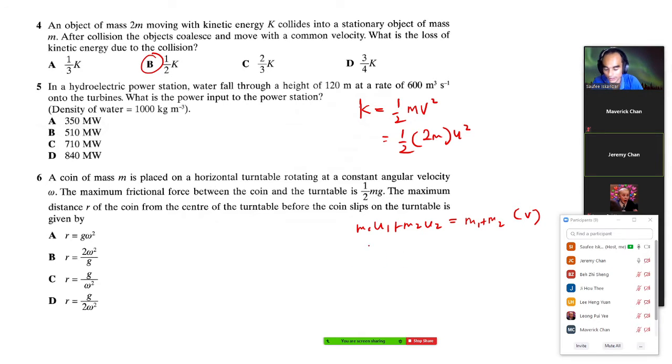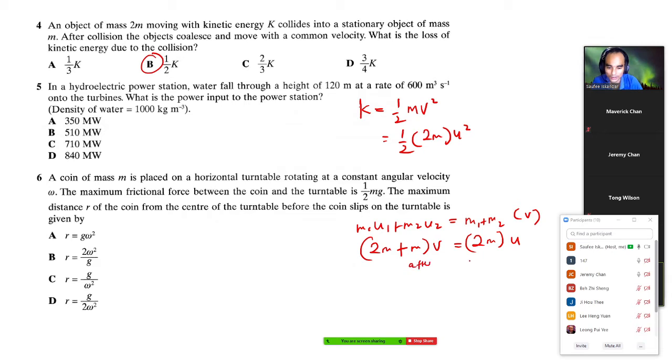So we have 2m plus m times v equals 2m times u. Actually I inverted this: this is after, this is before. If you rearrange, v equals 2u over 3.